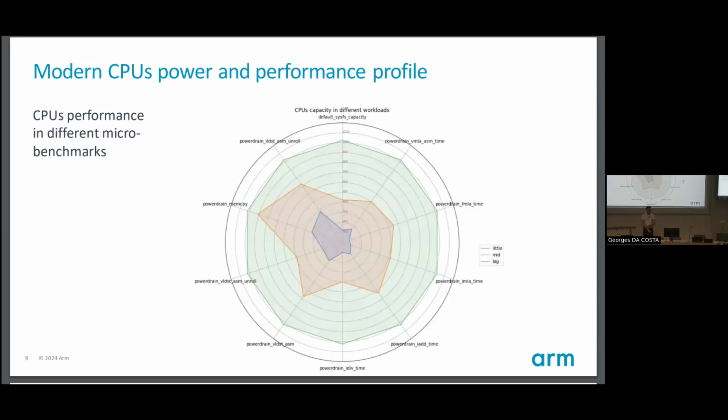Here is an example of the performance that you can get from the same CPU, but running different micro benchmarks. Those are written by me, mainly in assembly. I call them the power family. We can see from that plot that the capacity of the CPU is different. We touched on that topic yesterday a bit in the talk from Intel.